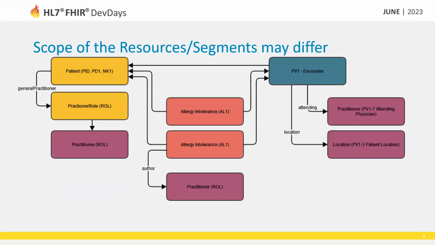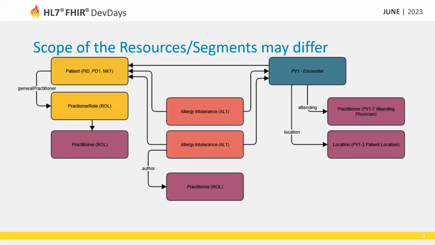However, the scope of resources may very well be different than the scope of version 2 segments. For example, if we look at some of these segments, like a practitioner or a practitioner role, that's a fairly good mapping. An allergy and intolerance in an AL1 segment, again, that's a fairly one-to-one mapping with the FHIR resource concept.